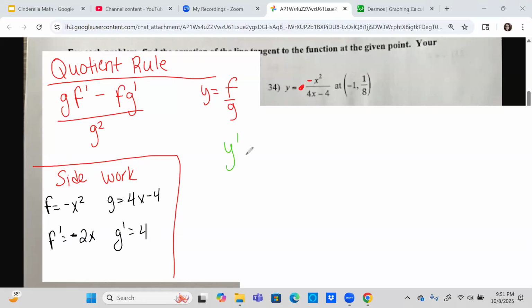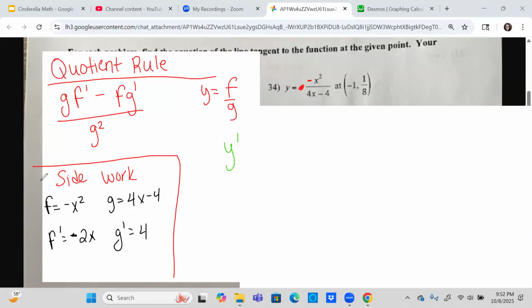y prime, g, f prime. So that's 4 times negative x squared minus, because that's the rule, f. Did I just do this the wrong way again? g, f prime. Yep. Oh my goodness. Losing my mind.